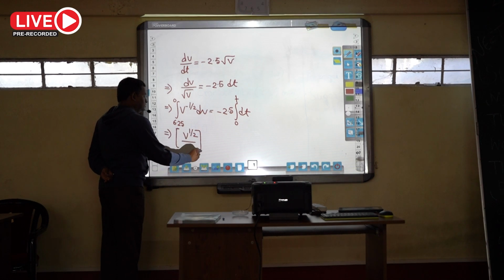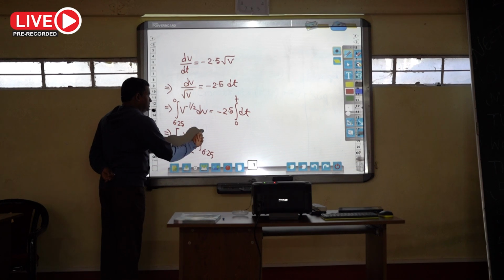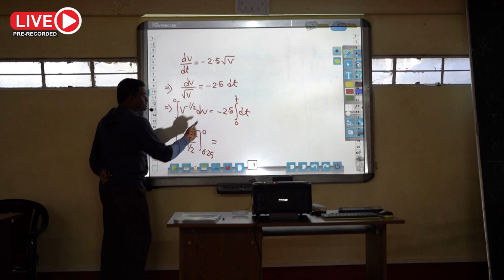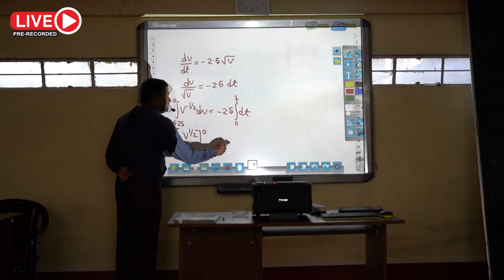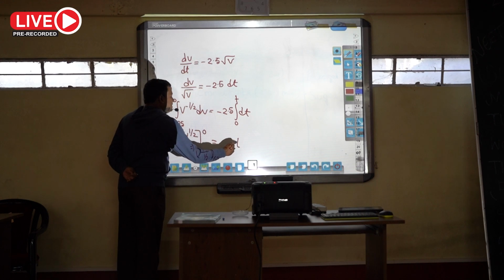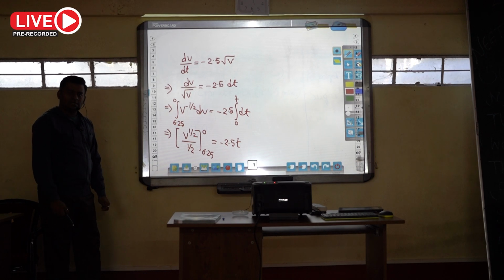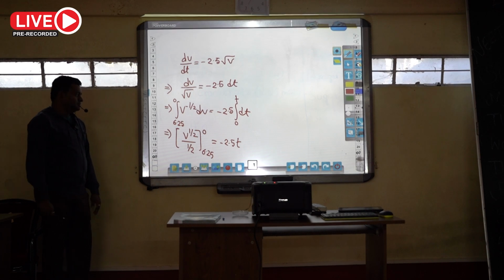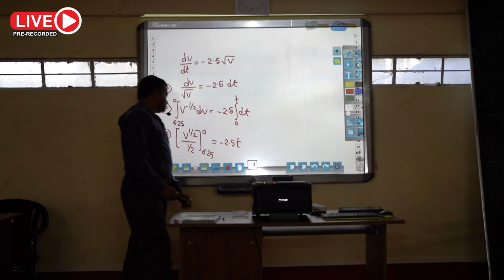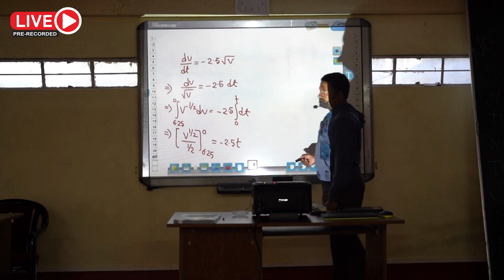The limit is from 6.25 to 0, and this equals minus 2.5 into t. Integration of dt is t, upper limit t, lower limit 0, so it will be minus 2.5 t. Now calculate.